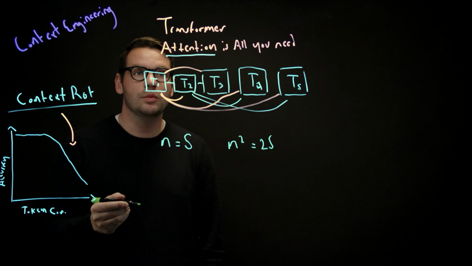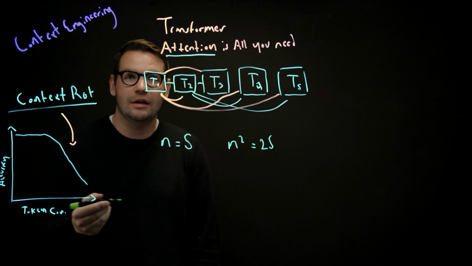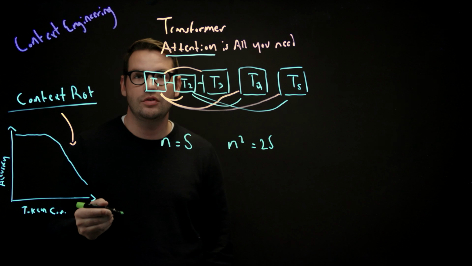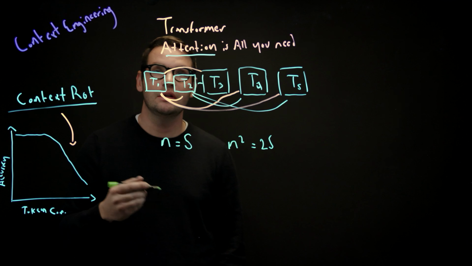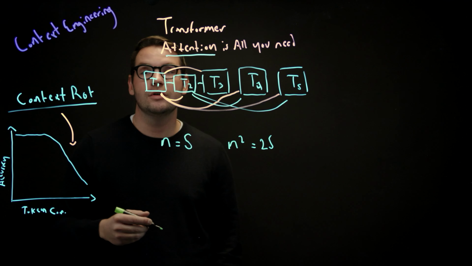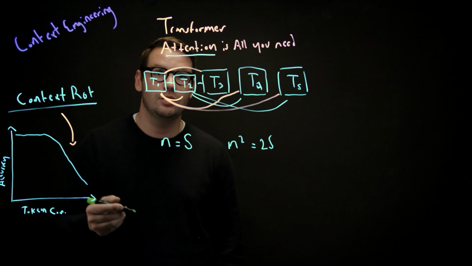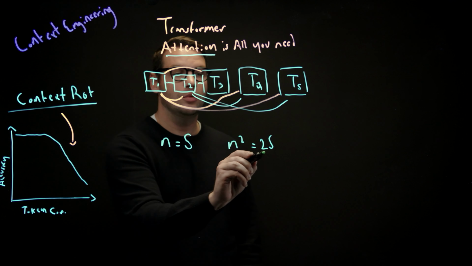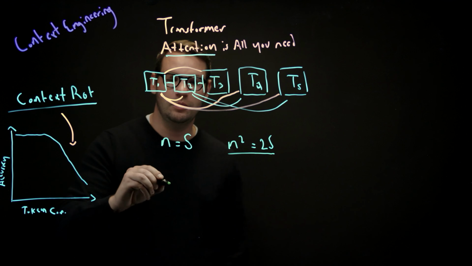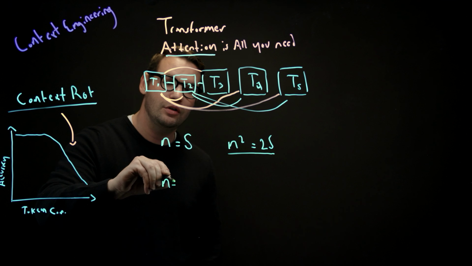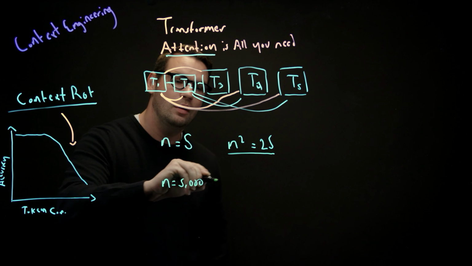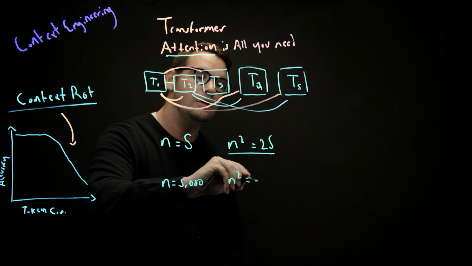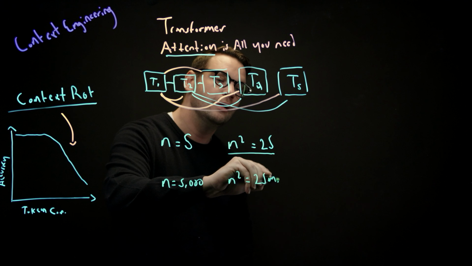That's not a big deal when we're dealing with 5 tokens, but in a practical example, especially in an enterprise, if you're doing due diligence, legal, research, large finance tasks, especially with a lot of reference documents and tool calls, this number can grow exponentially, because if n equals 5,000 instead of 5, then n squared equals 25 million.